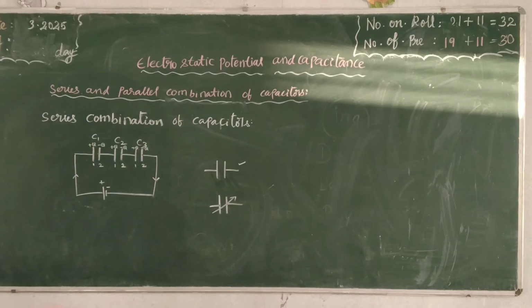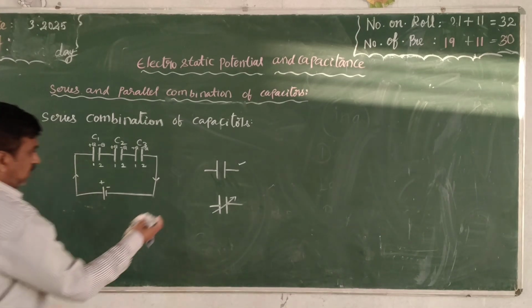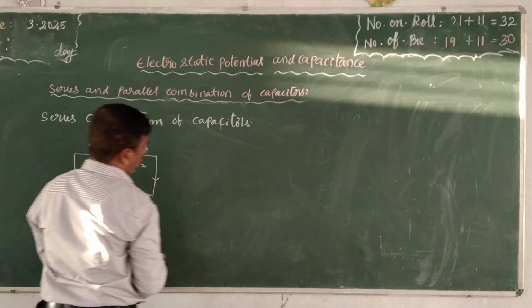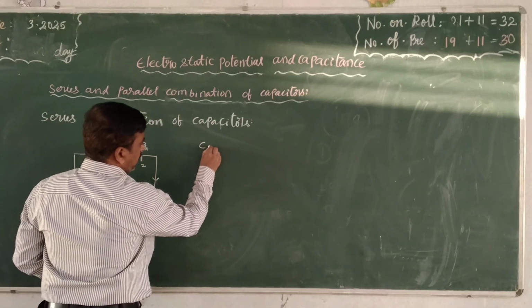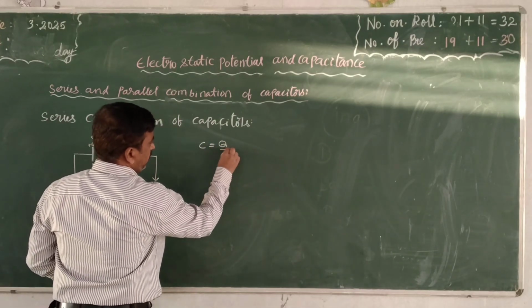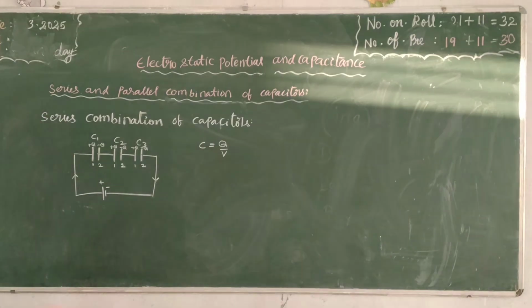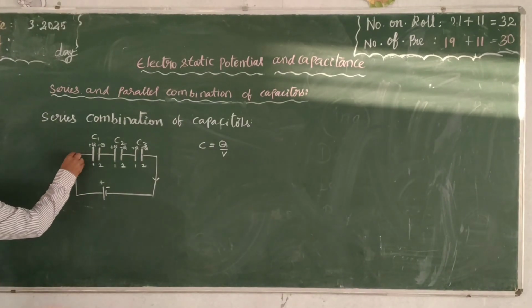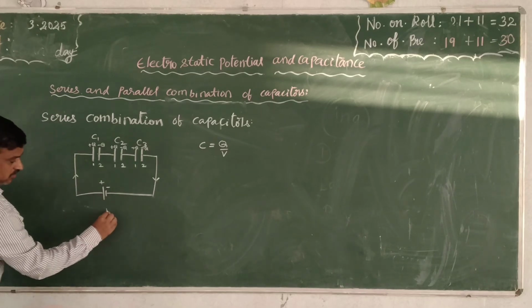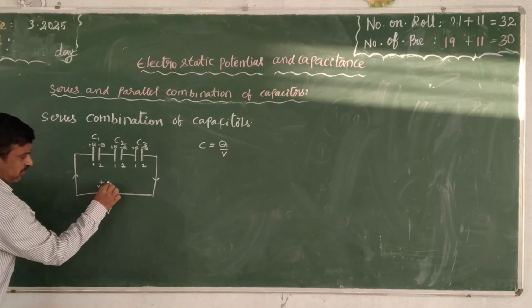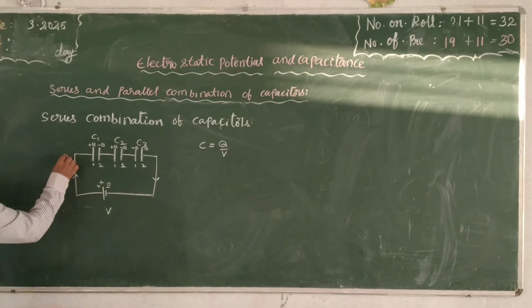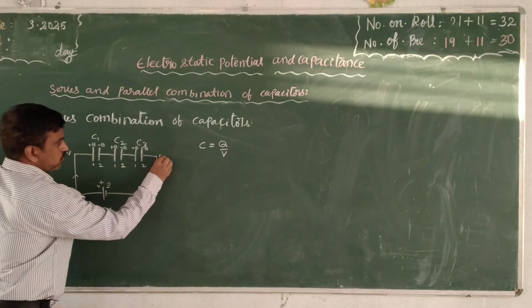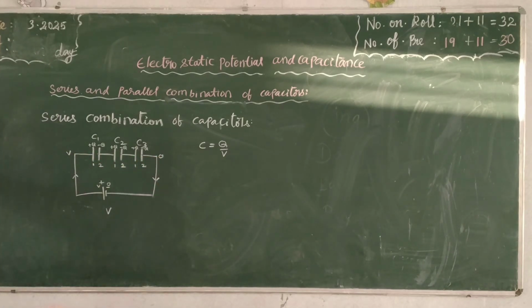In series combination, some quantities are the same. What are they? Capacitance equals q by v, the formula for capacitance, charge per volt. Here the potential is v at one end and 0 at the other.